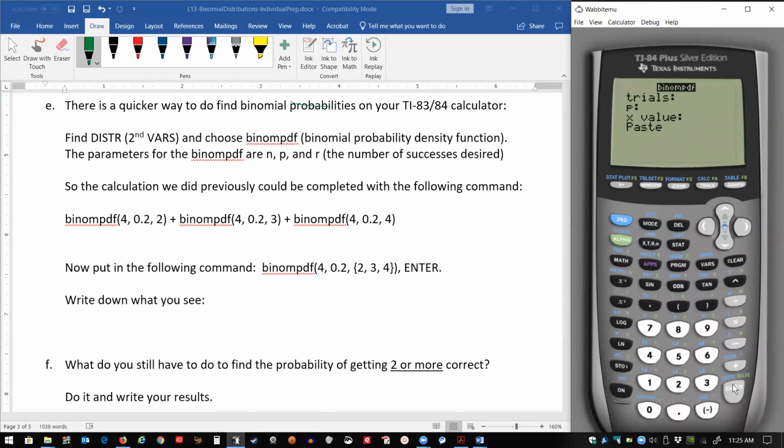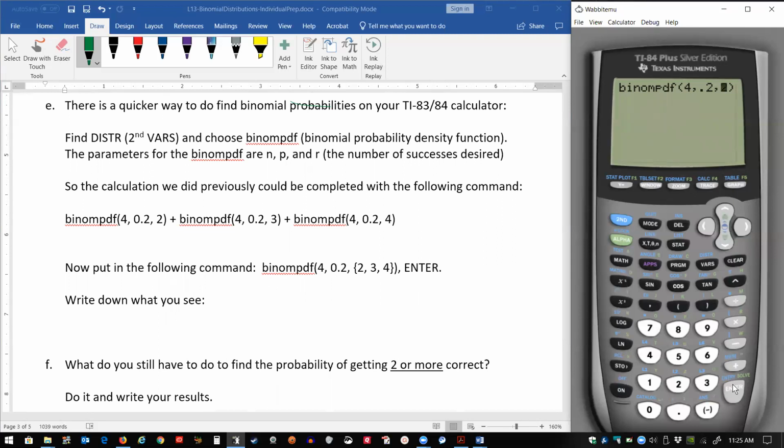So for that first case, the probability of getting exactly 2 questions right, we have 4 trials. The probability of success was 0.2, and our X, the number of successes we were interested in, was simply 2. So TI-83 people, you're just going to see this command line version, and so you just have to remember that those are the options that you put in a comma separated list inside those parentheses.